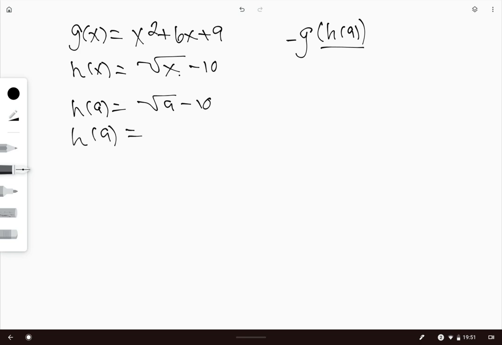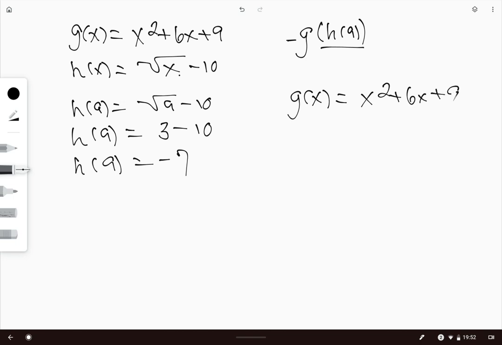So h of 9 equals 3 minus 10. So h of 9 equals negative 7. So I'm looking for g of h of 9. I take my other function, g of x, and I'm going to put that negative 7 in for x. Every place I see the x, I'm going to place a negative 7.